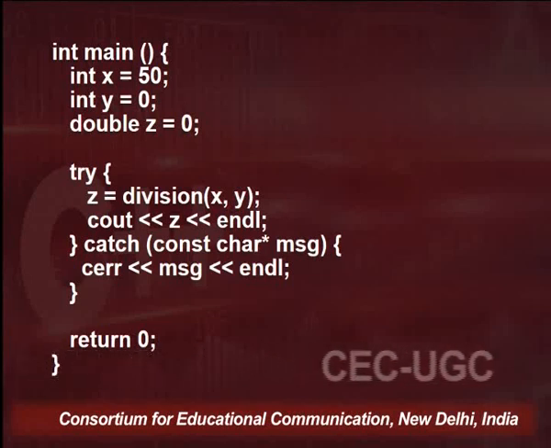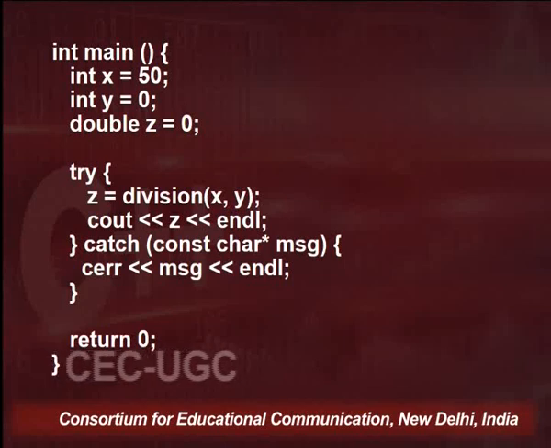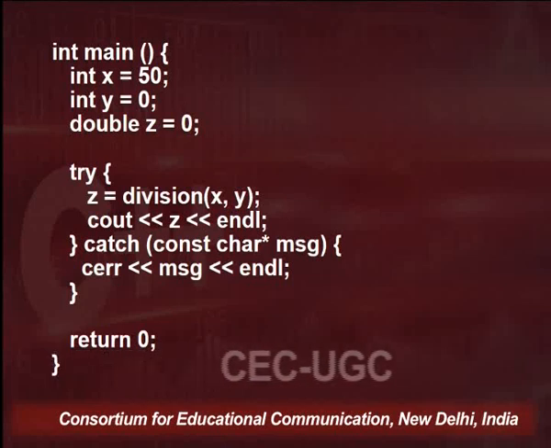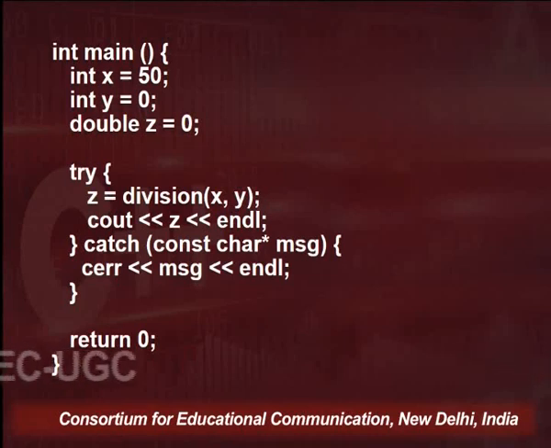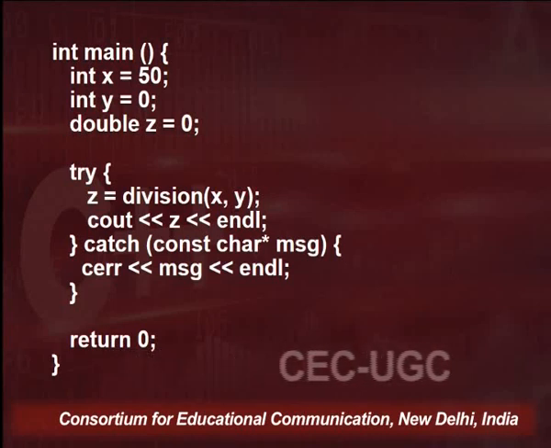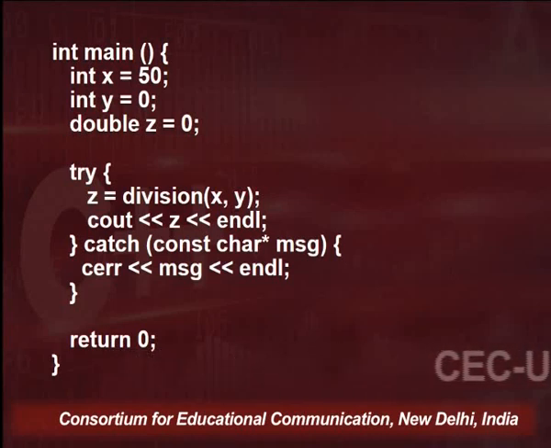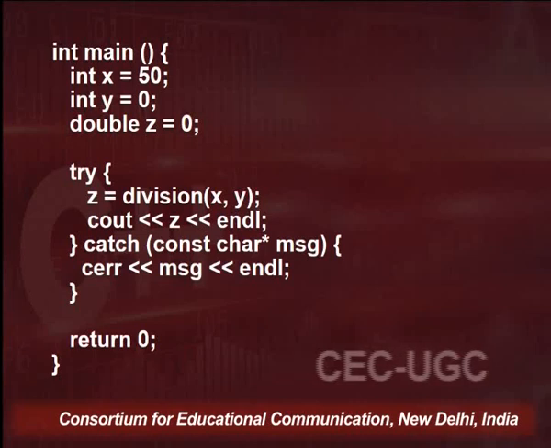Now please try to understand that in the absence of this try and catch statement, if there is A divided by B where the value of B is 0, what would be the possible scenarios which may happen? If we don't have try and catch statements in such scenarios, your program is not going to give you a clean exit.